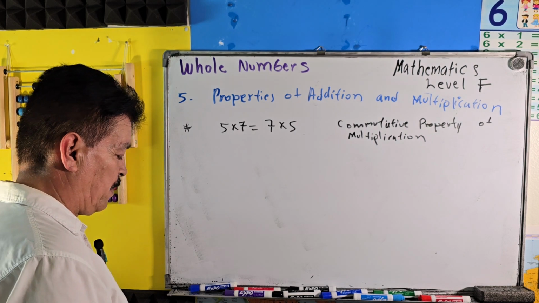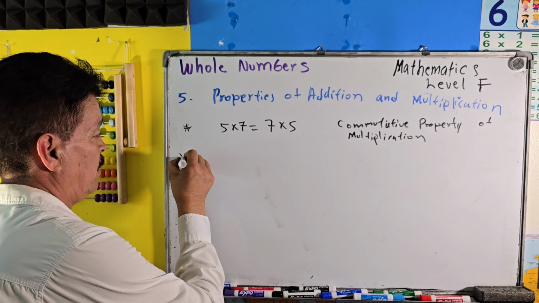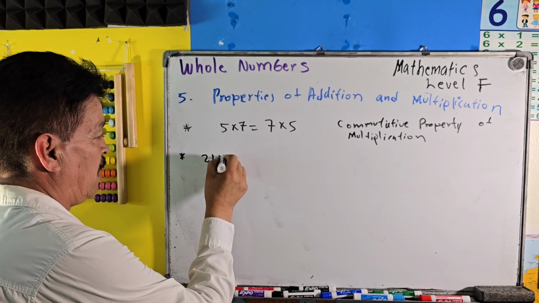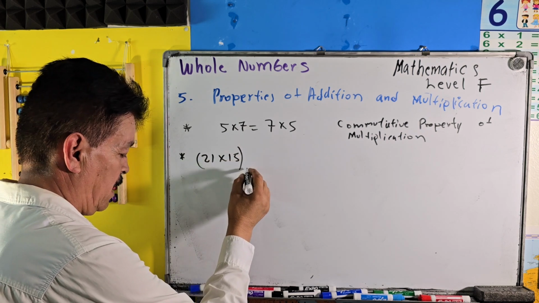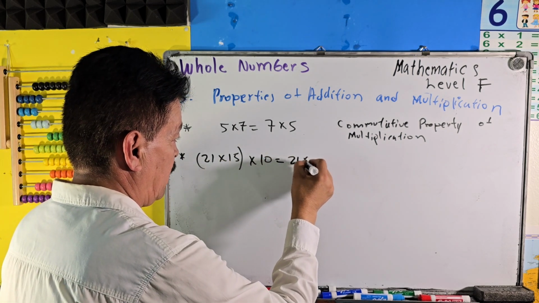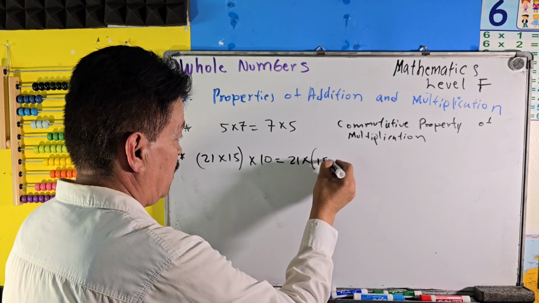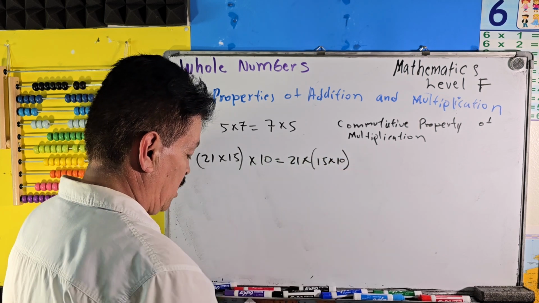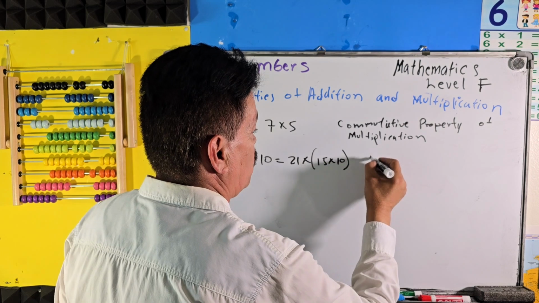You have other properties, for instance, another one: 21 times 15 times 10 equals 21 times 15 times 10, grouped differently. This property is associative.